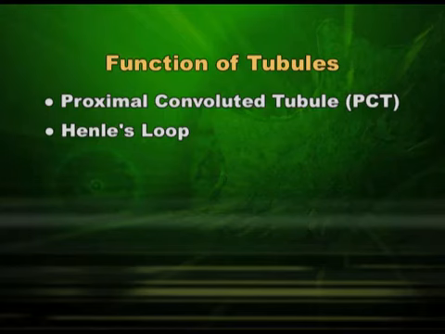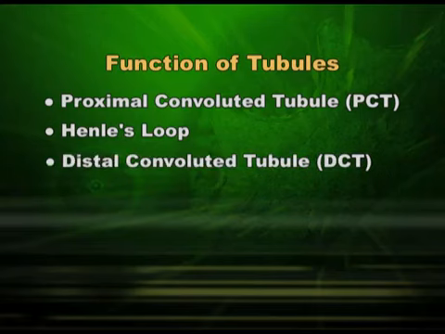So, loop of Henle helps in concentration of urine, the mechanism called counter current mechanism. DCT, the distal convoluted tubule, which will help in exchange of sodium ion, chloride ions across the tubular membrane for the purpose of counter current mechanism or for some other purposes.